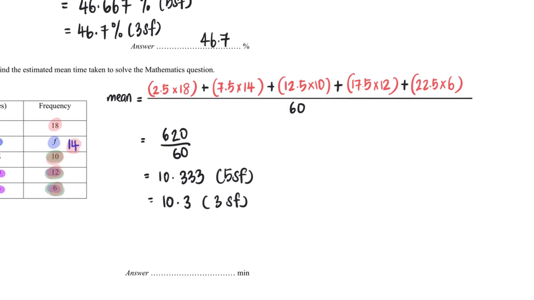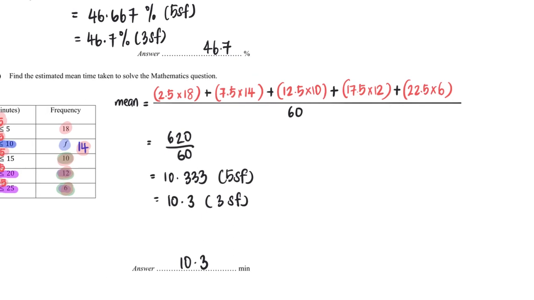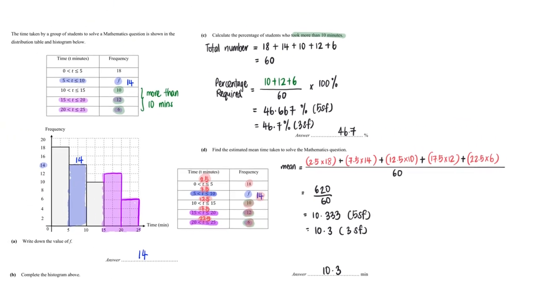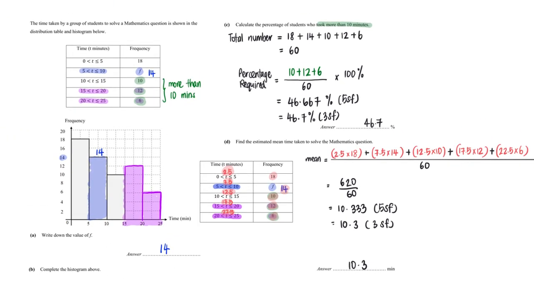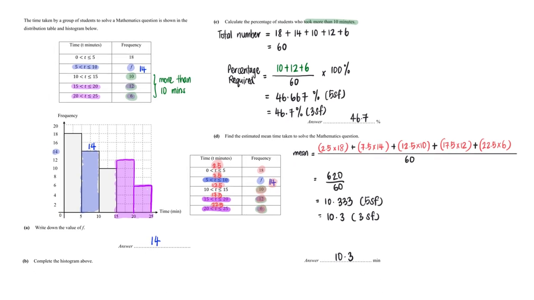And that would be the estimated mean time for this particular question. And with that, we have come to the end of this particular question, and let's move on to the next question.